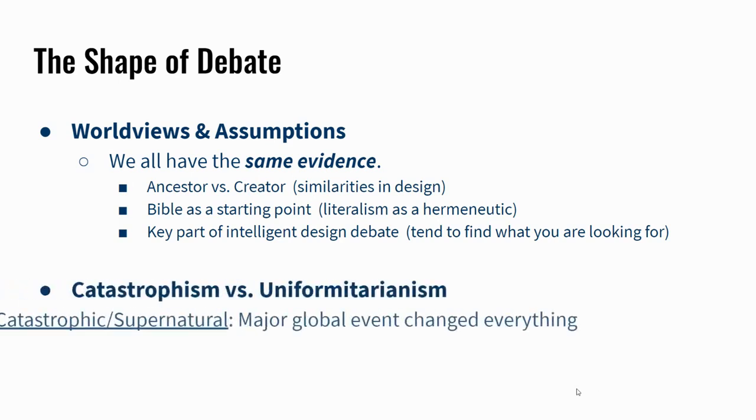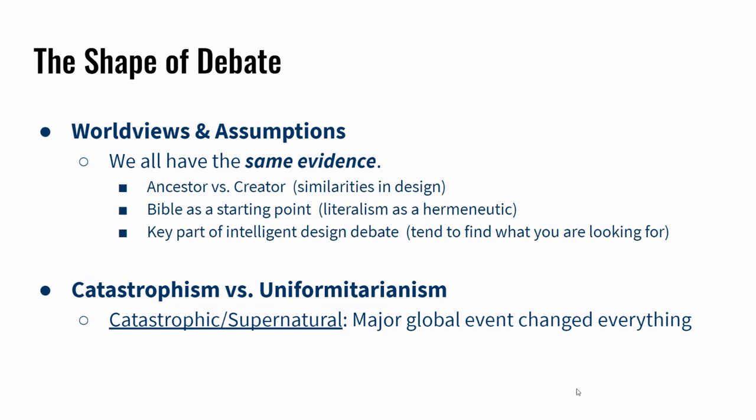That brings us to our final big point here, and that is the understanding of the words catastrophism versus uniformitarianism. So there's one field of thought that says things did happen literally, things did happen historically, including the flood.